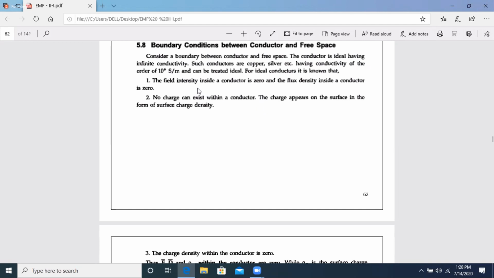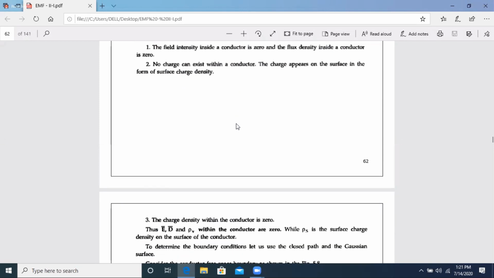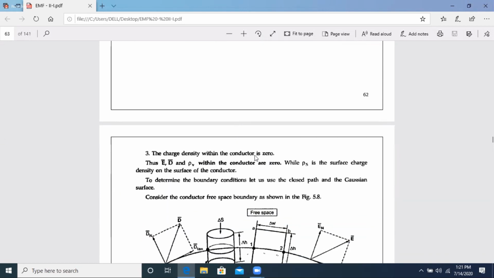Or the electricity travels along a conductor on the surface of the conductor. Right? The charge density within the conductor is 0.